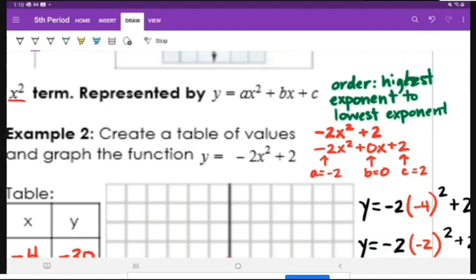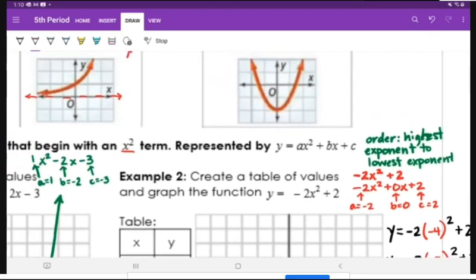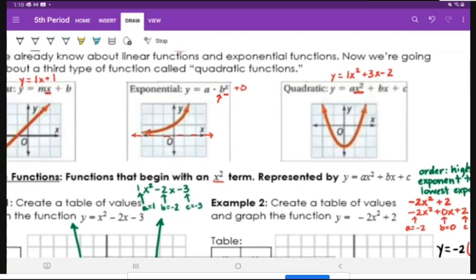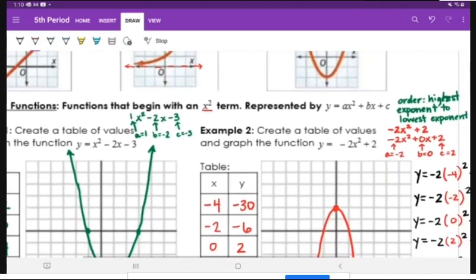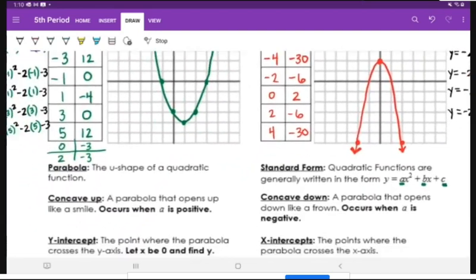So you might be wondering, well, why do we care? What are A, B, and C anyway? Well, remember when we were dealing with lines, we had our y equals mx plus b. Well, m told us something about the line, and b told us something about the line. That's what's going to be happening here with our parabolas.